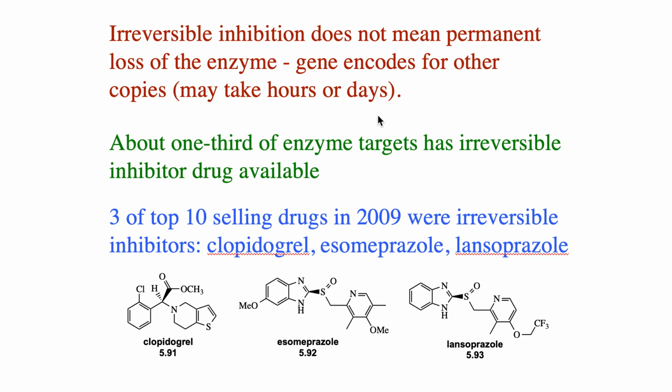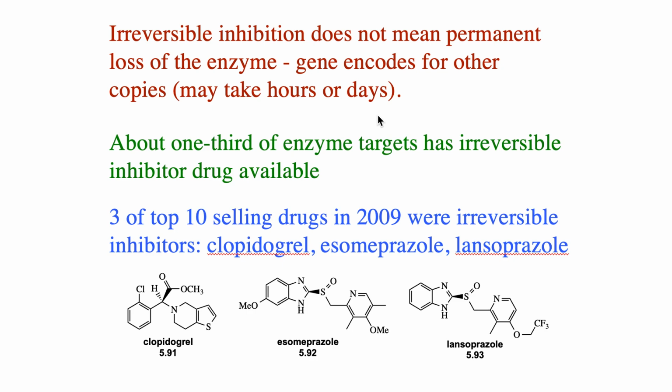Okay, so now we're going to talk about irreversible inhibition. Irreversible inhibition doesn't mean you permanently lose the enzyme in your life. You don't lose the gene, you lose the protein. And the thing is, protein biosynthesis can take a long time. So there are irreversible inhibitors for a lot of different drugs.